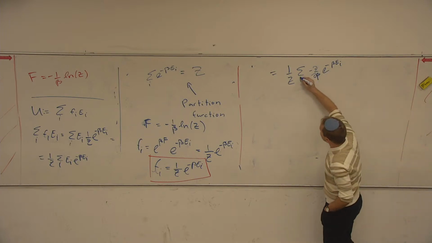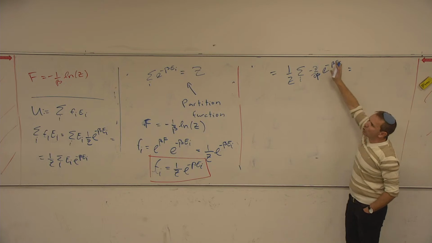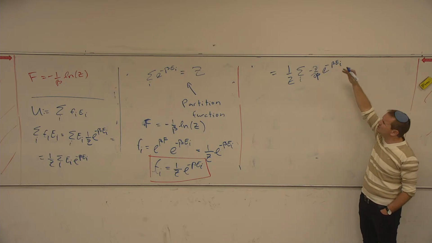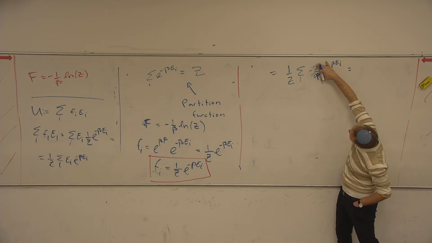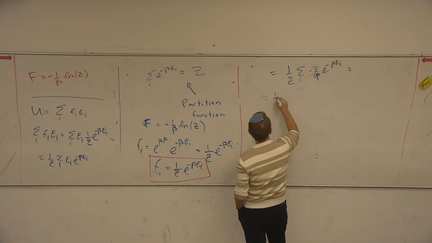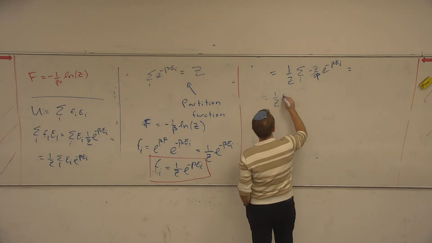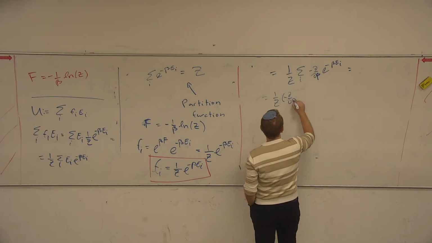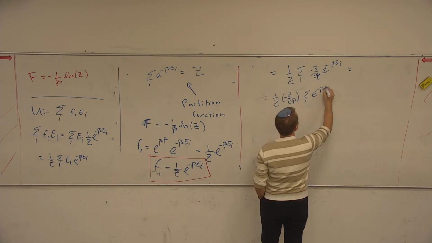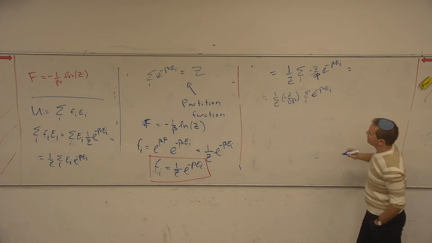Now, we can say all of this converges uniformly and whatever, so we can take this derivative outside of the sum. So this is 1 over Z times minus d/d beta of the sum over i of e to the minus beta E_i.